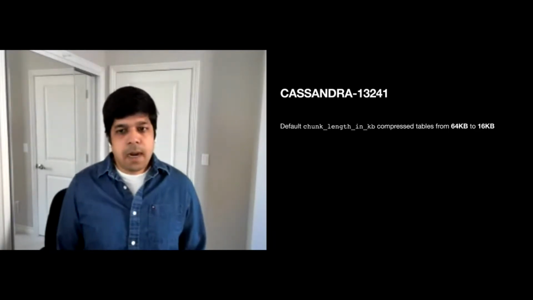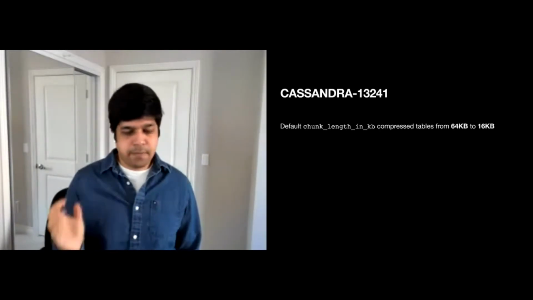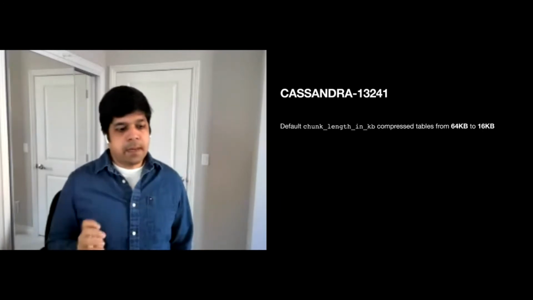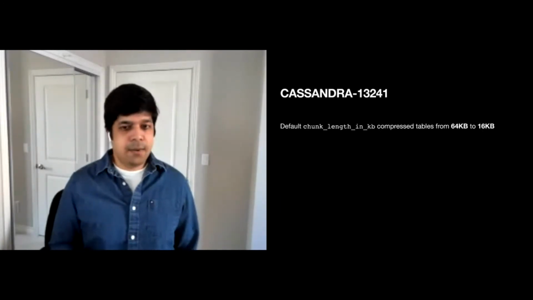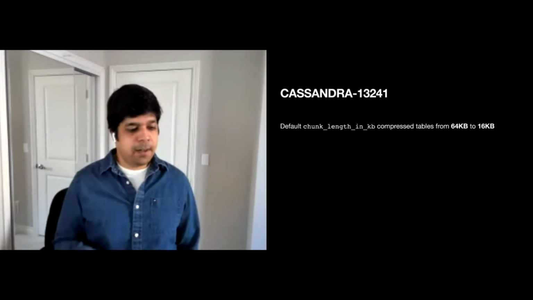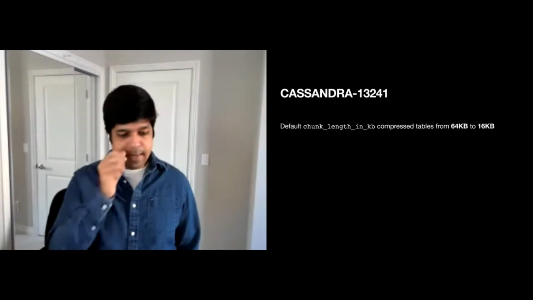And so if you have a 64 kilobyte chunk length, you are experiencing a very high read or write overhead. What that means is that, let's say you're storing a value which is 100 bytes, you are reading and writing the chunks at 64 kilobyte length. And that's a pretty large overhead.